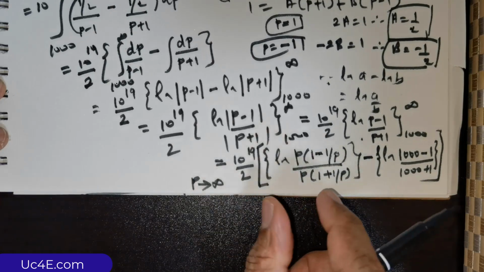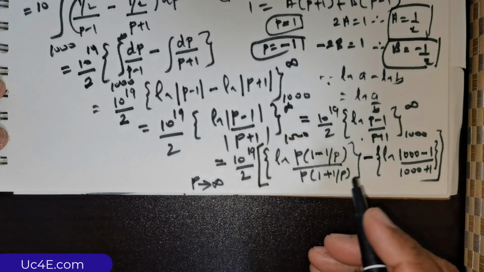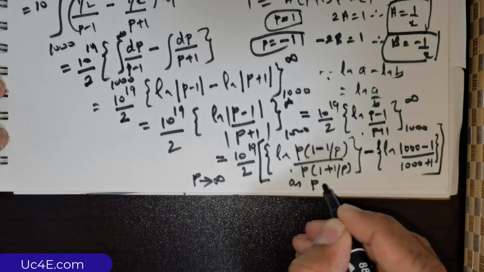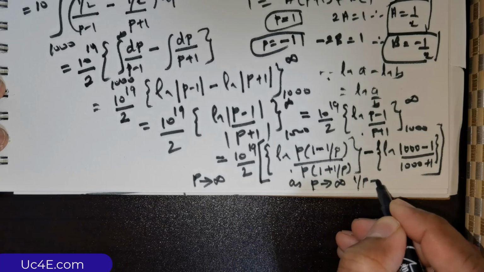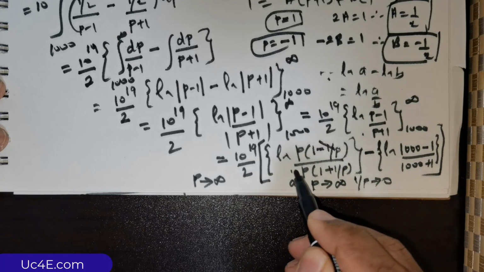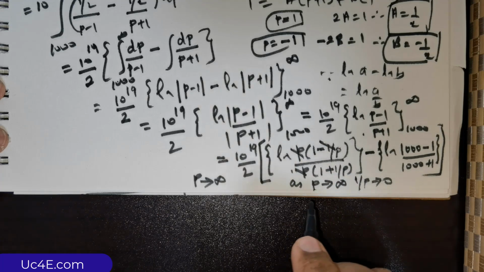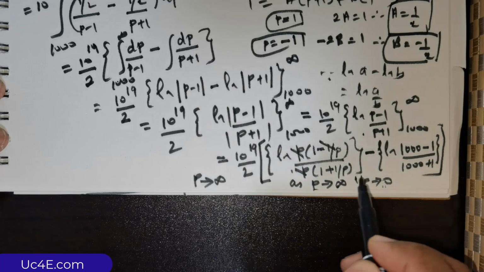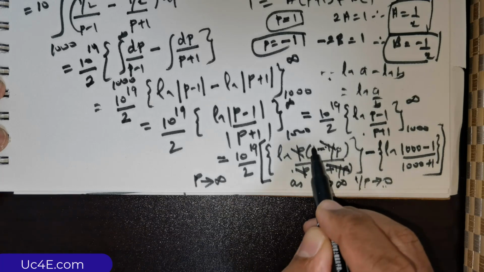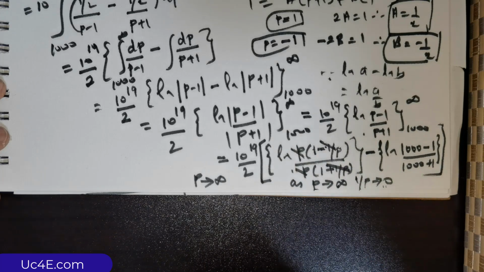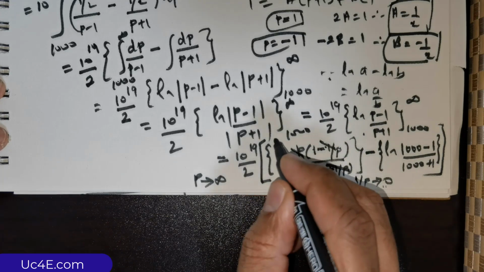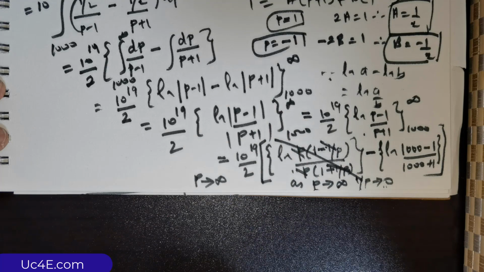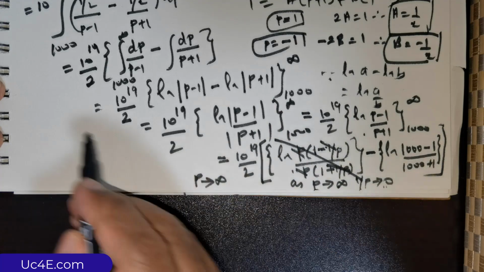Now when p tends to infinity for this part, 1 over p will tend to 0. In fact, this p and this p get cancelled. That's the first step. And then as p tends to infinity, 1 over p tends to 0. So this tends to 0, this tends to 0. You got 1 over 1, which is ln 1, and that one will perish. So this entire thing will vanish, right? So what is left is this quantity.